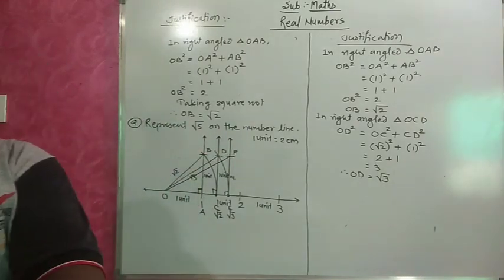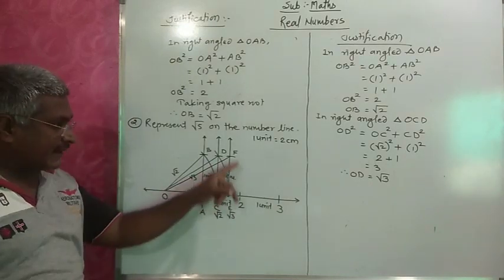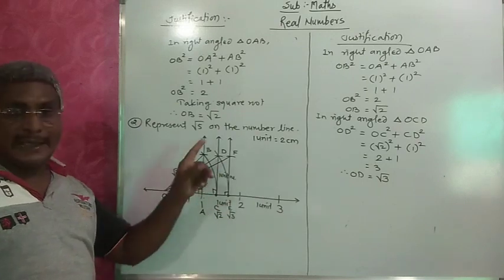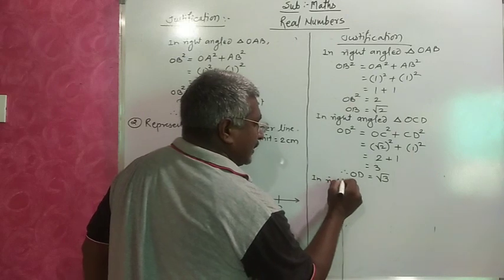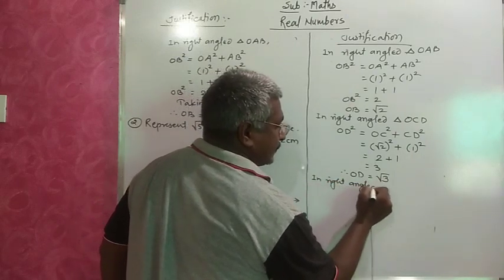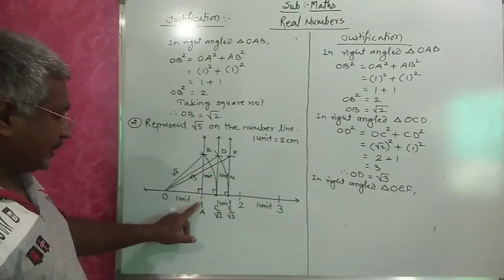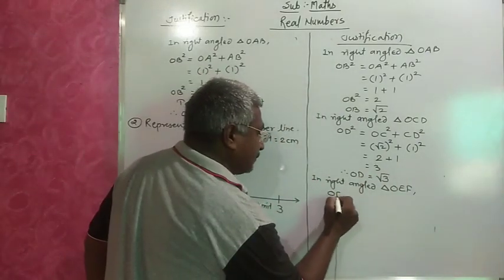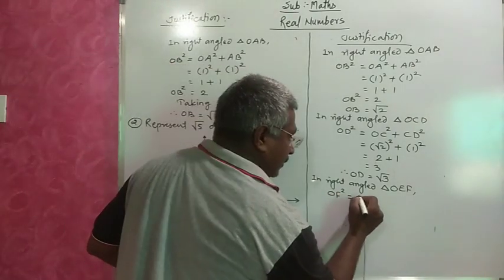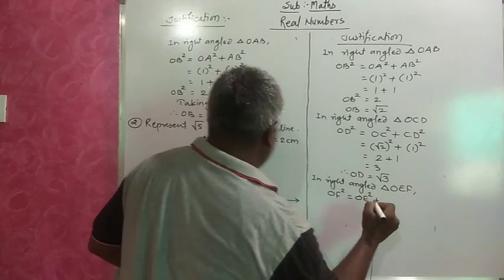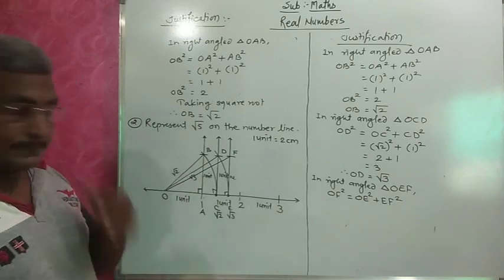Join. So now what is the distance of OF? Now here a right angle triangle is formed, OEF. So in right angle triangle OEF, check it, OF square equals OE square plus EF square by Pythagoras theorem.